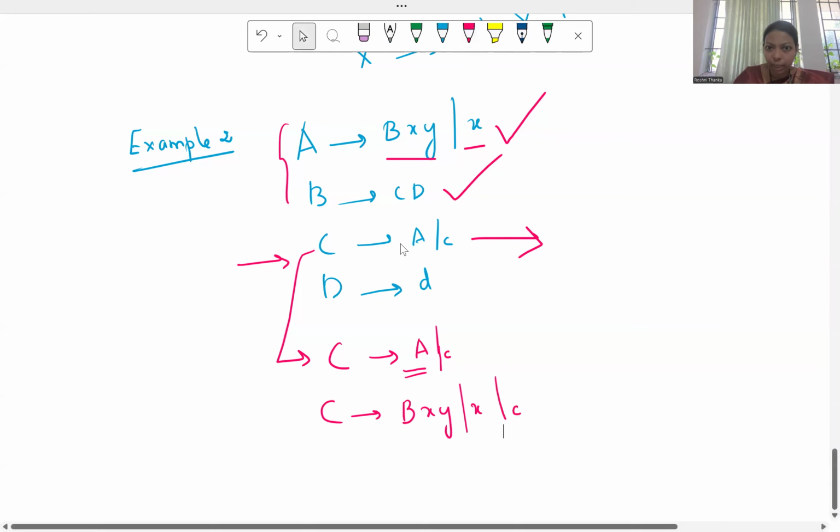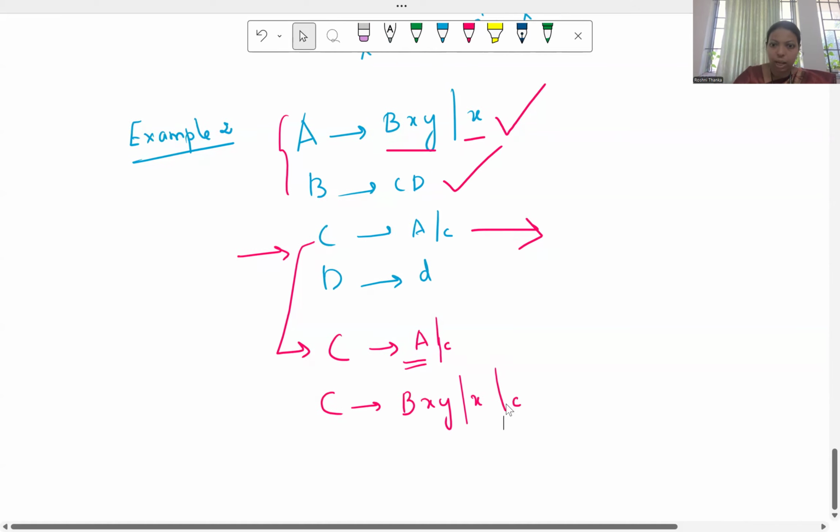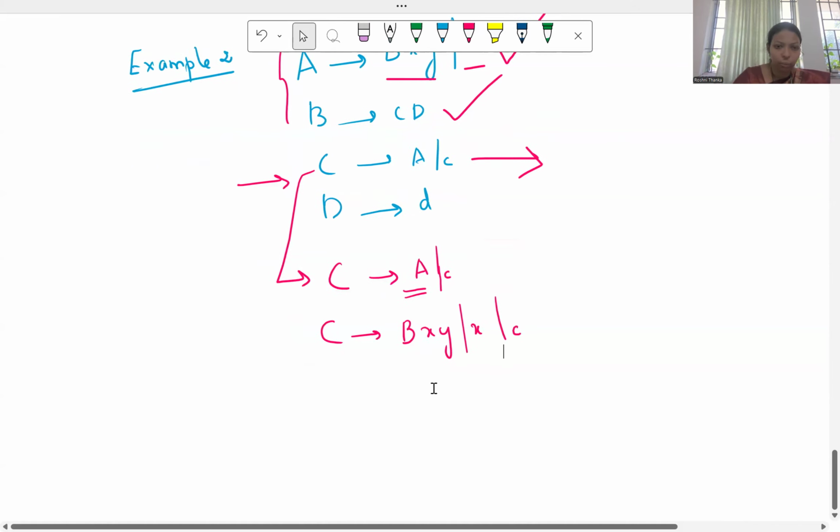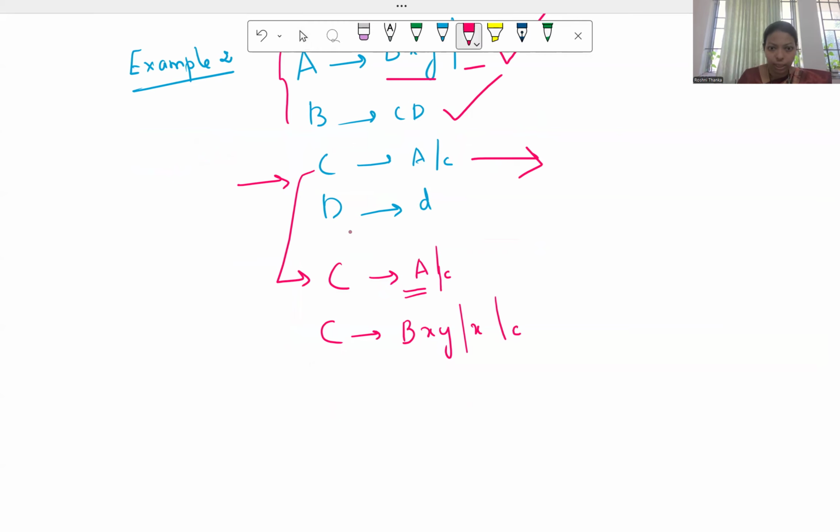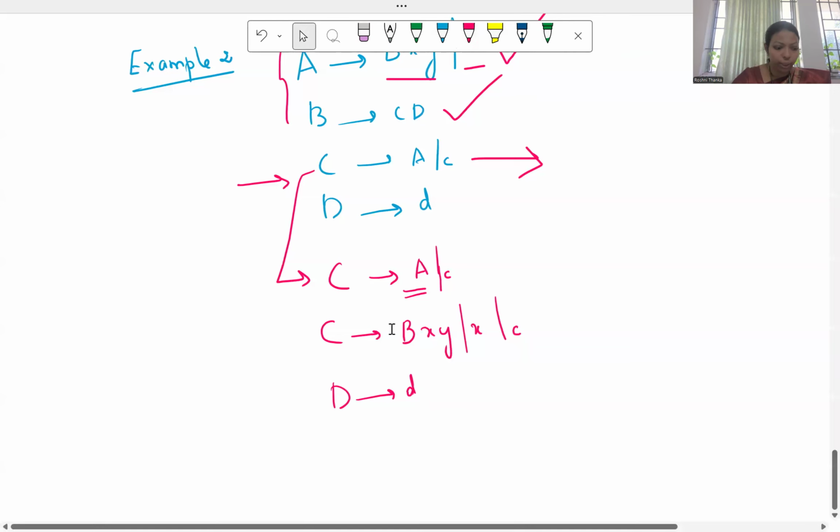So A is now replaced by this, and this X, and then C is written as such. That's okay, there is no problem. And now we write the D as such.